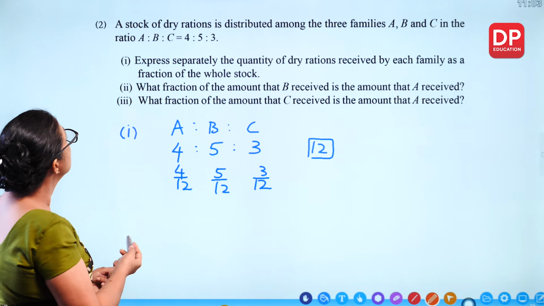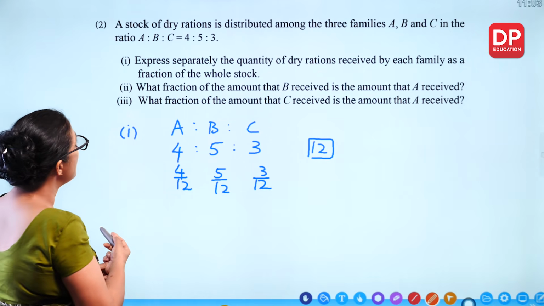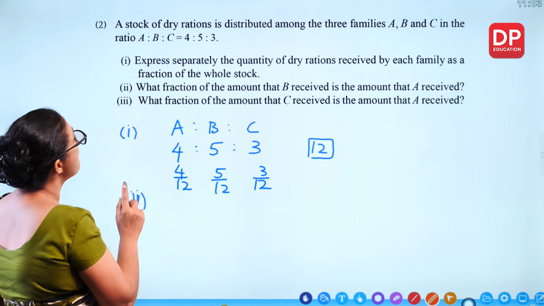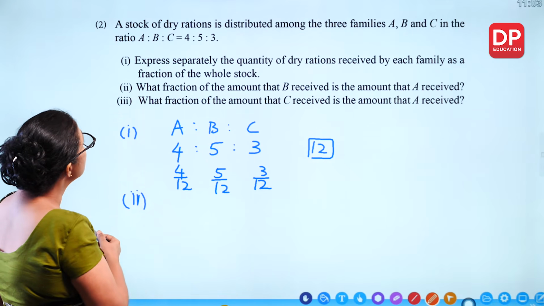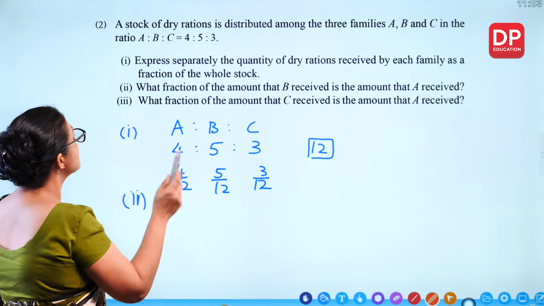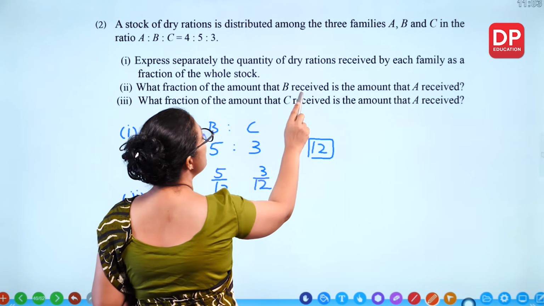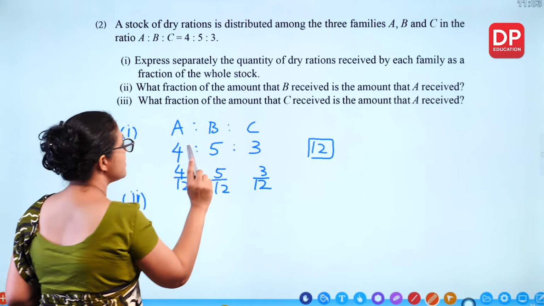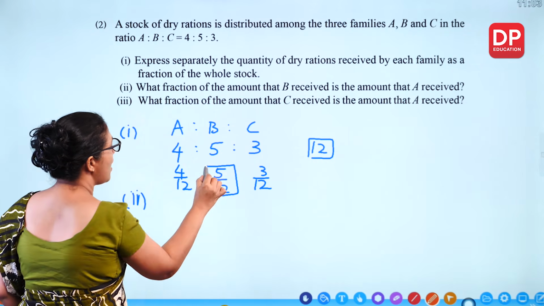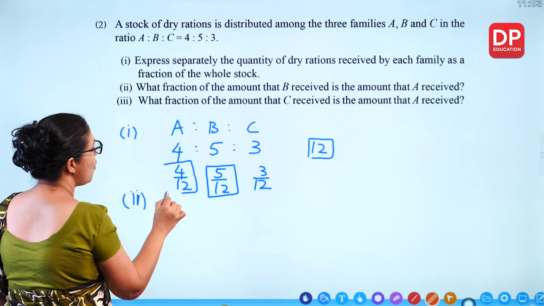Then what fraction of the amount that A received is the amount that B received? So B received 5 parts, A received 4 parts.